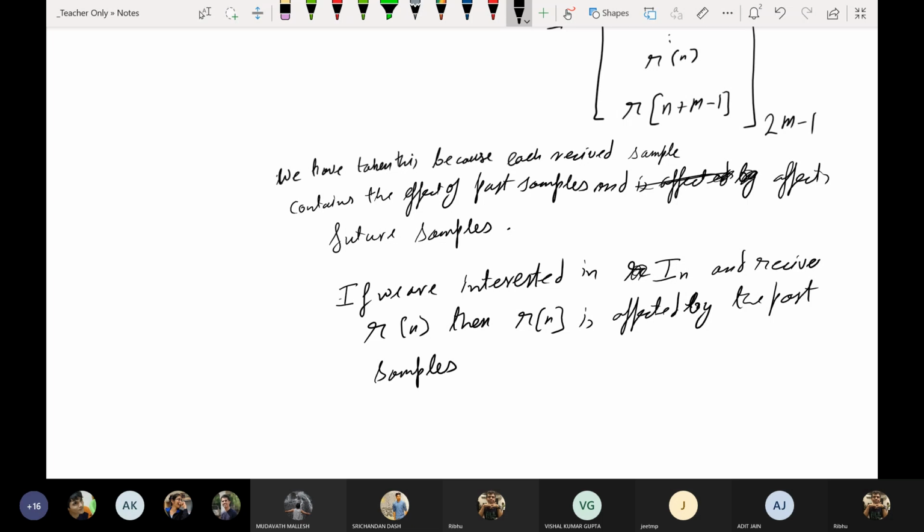Rn is affected by the past values of In.